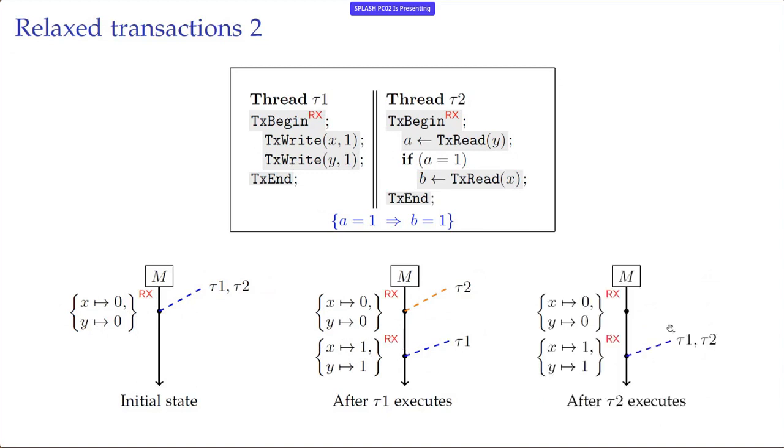And this time, because we're not allowed to mix and match from memory snapshots, even though this is a relaxed transaction, if it reads 1 for y, it must mean that its view has updated to here, and therefore this read here reads from that x. So we don't have to mix and match. That's the idea. And the semantics guarantees all of these sorts of scenarios, plus some other ones that you might want to think about.